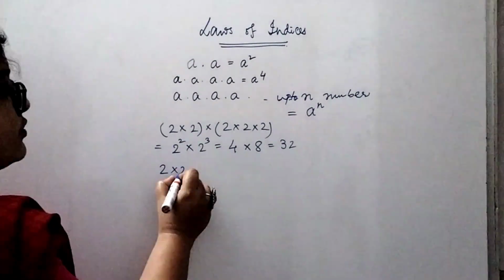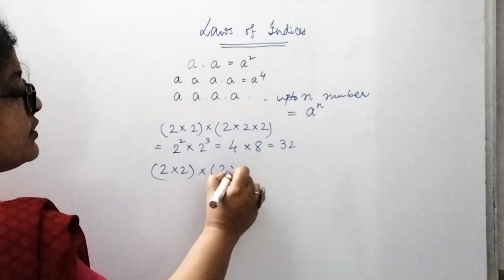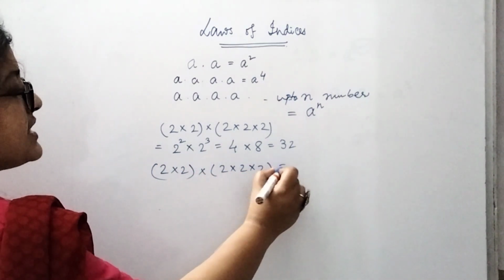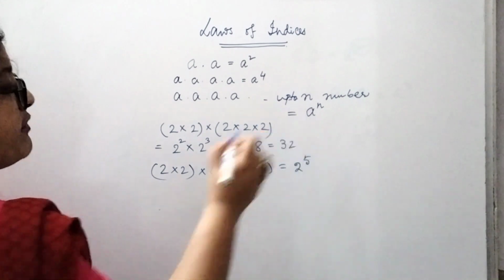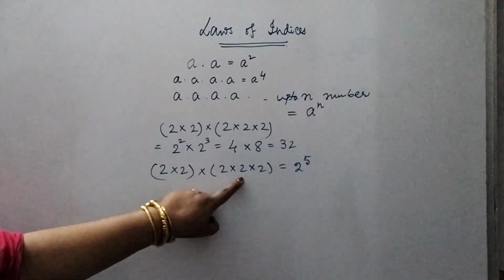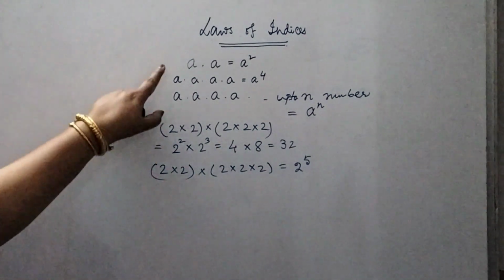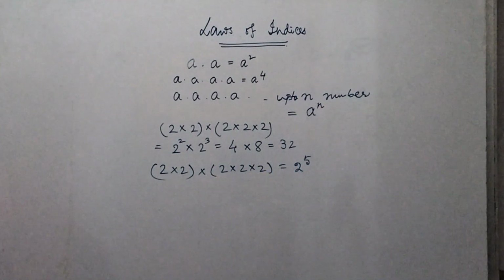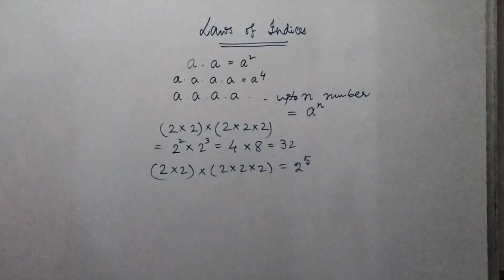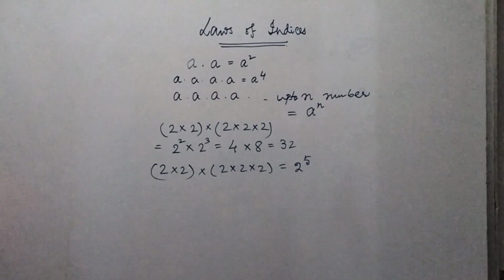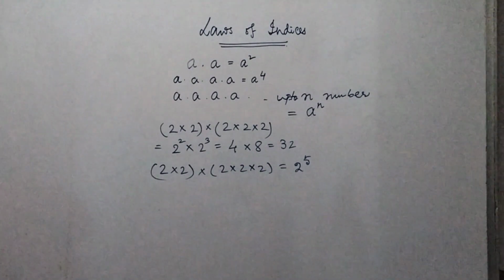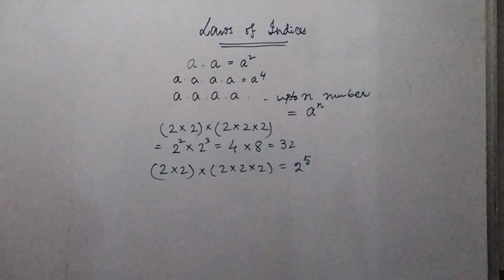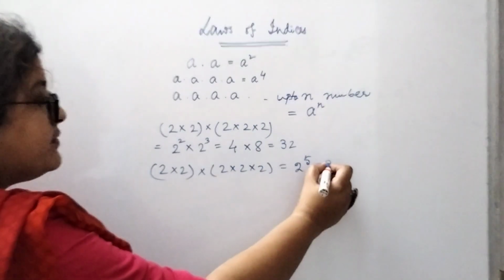This 2 into 2 into 2 into 2 into 2 will be represented as 2 to the power 5, because all the bases are the same. Now what will be the value of 2 to the power 5? Means what will be the result of 2 into 2 into 2 into 2 into 2? Obviously it will also be 32.